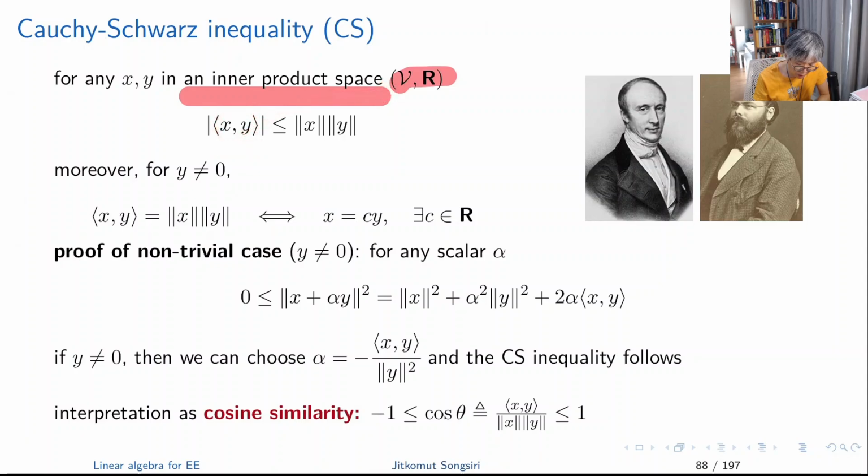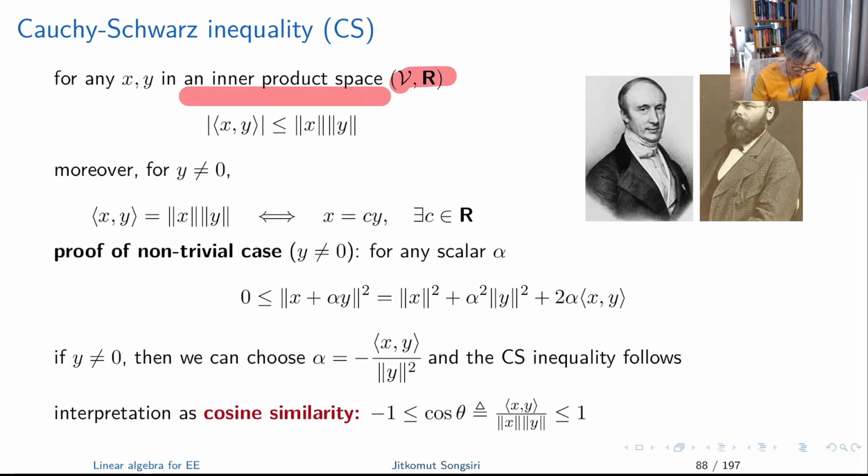It just says that the magnitude, or the absolute value, of the inner product between x and y is going to be less than or equal to the norm of x times the norm of y. And that is not any norm. It is the norm that is induced from this inner product.